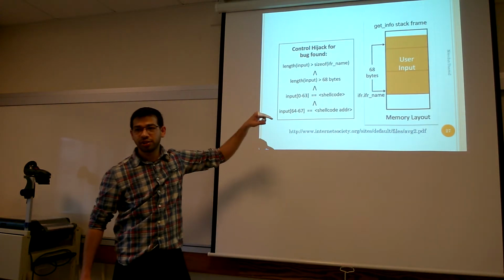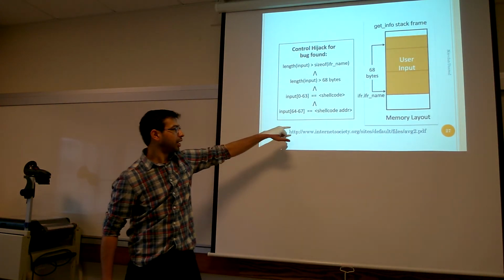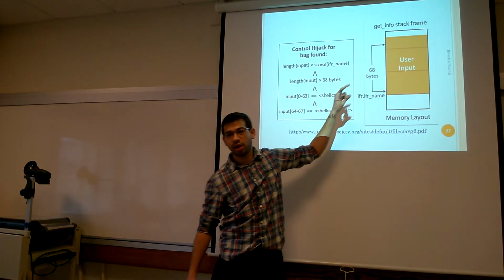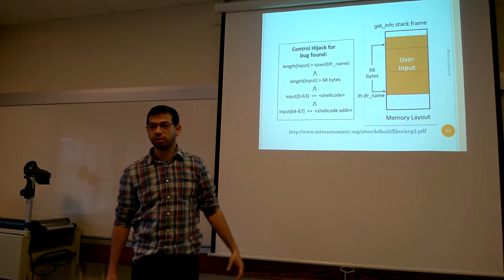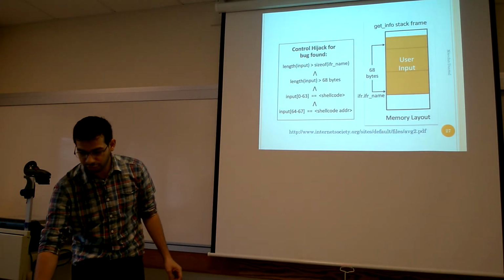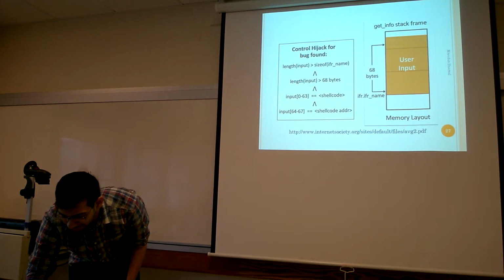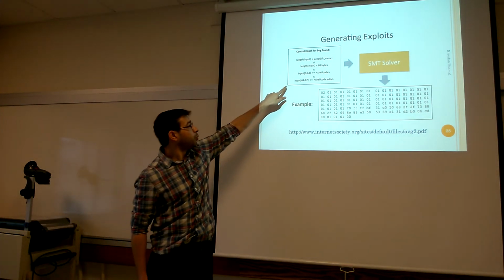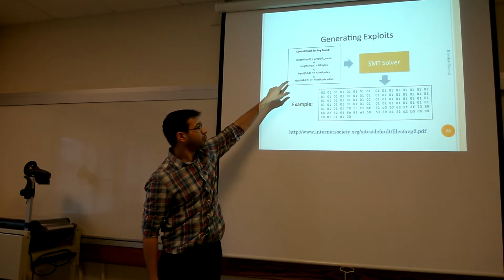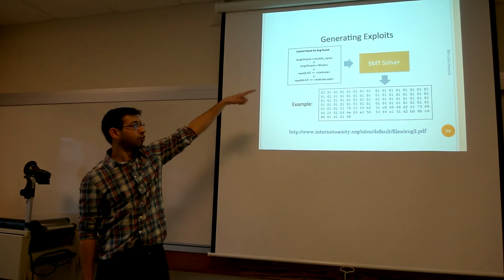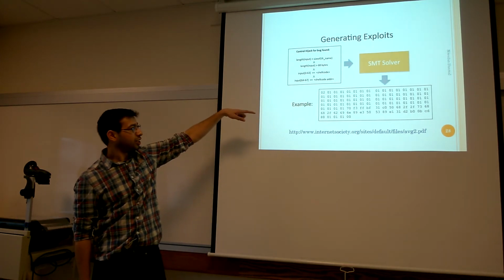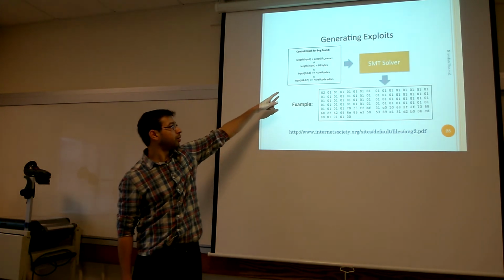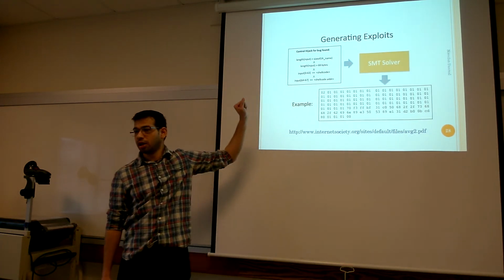So when this would execute, it would return to exactly where our shellcode was written, and hence it would execute the shellcode itself. And we had successfully hijacked the code. So what we do with this predicate is we give it to a solver, and the solver generates the input string which would fit this predicate condition.